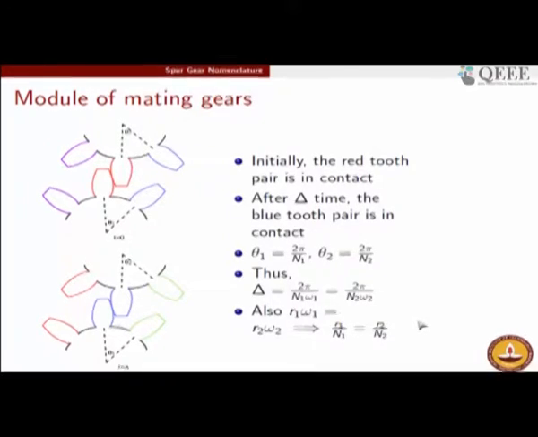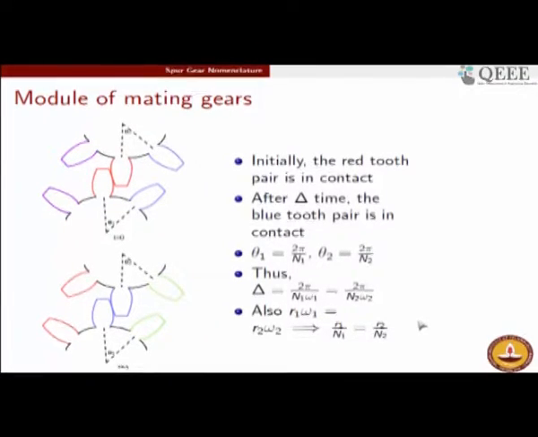If this condition is not met, the engagement will not happen, because engagement, if at all it happens, has to be identical between the tooth pairs coming in contact. You cannot have a completely different sort of engagement between different tooth pairs. So, to have identical engagement, this condition is a must: the ratio of diameter to the number of teeth must be exactly the same for both gears under engagement.